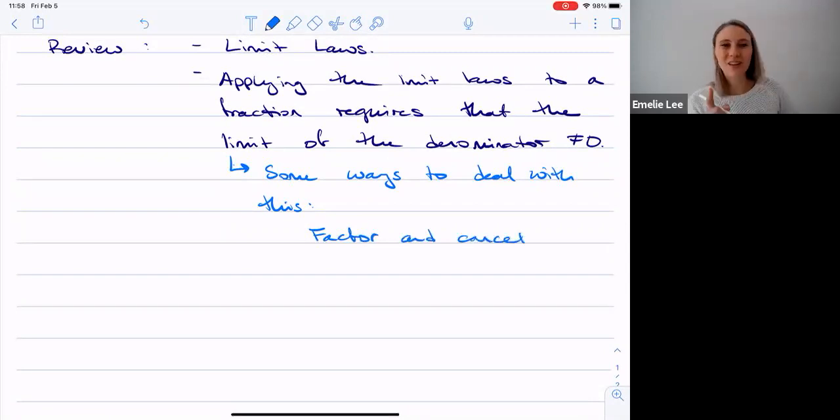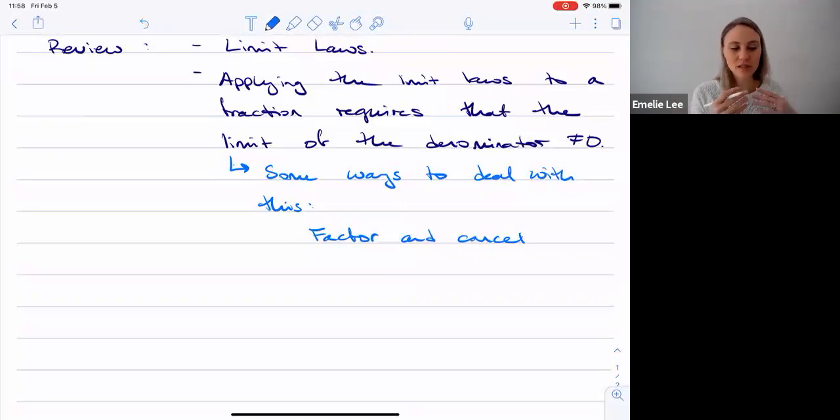Look for a common factor of the denominator that's giving you grief. Factoring and canceling is kind of your first stop. See if you can eliminate the problem by canceling it out.